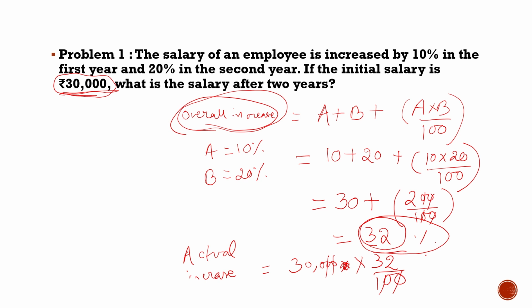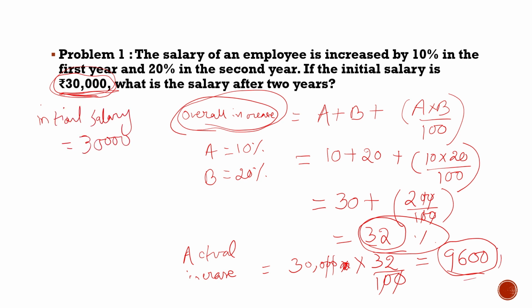So that is the increase in salary. Now what is your new salary after 2 years? My initial salary was 30,000, right? And the increment of my salary in 2 years is 9600.